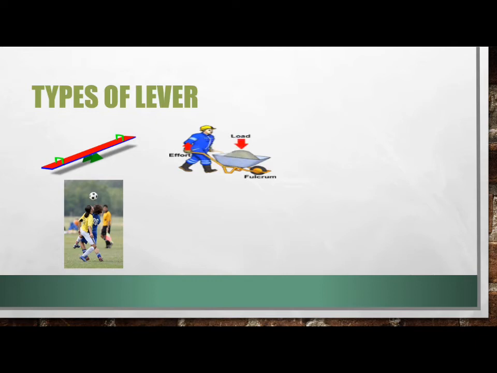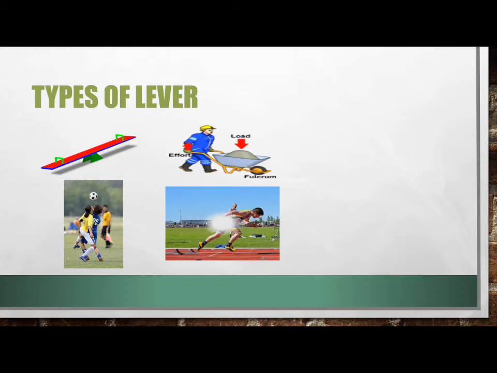Now the second class lever, in which the load lies in the middle, in between the fulcrum and the effort. A wheelbarrow is the day-to-day life example, and a sporting example is the start of sprinting or running.